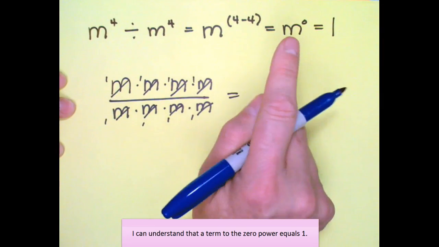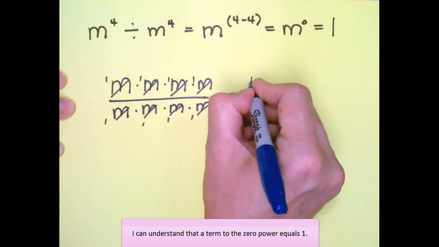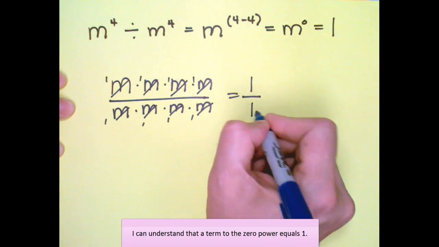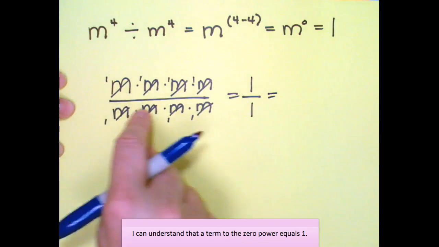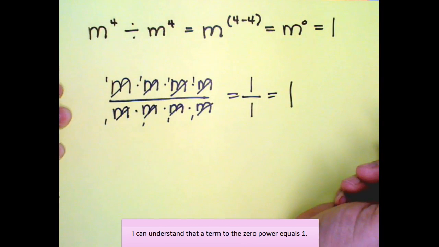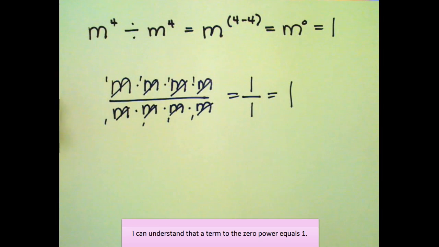Okay, 1 times 1 times 1 times 1, that's 1 still. And 1 times 1 times 1 times 1 is 1. So m to the 0 power is actually equal to 1. And that takes care of our 3 learning goals for today.